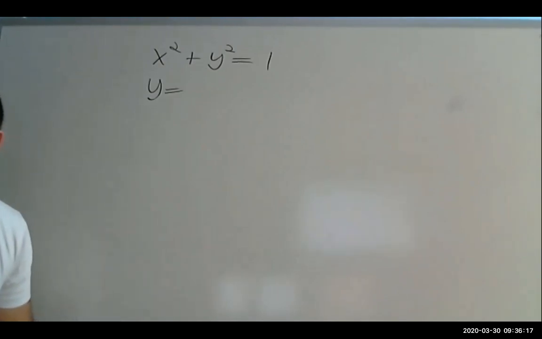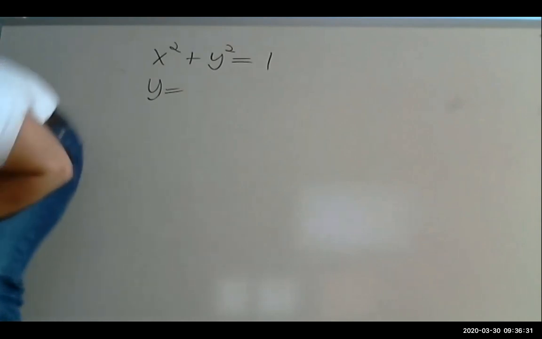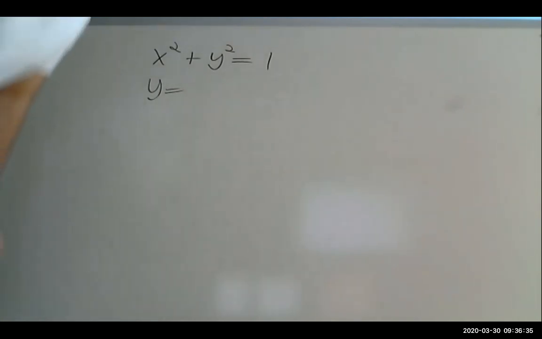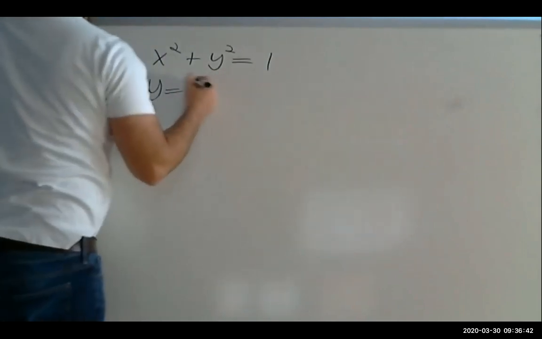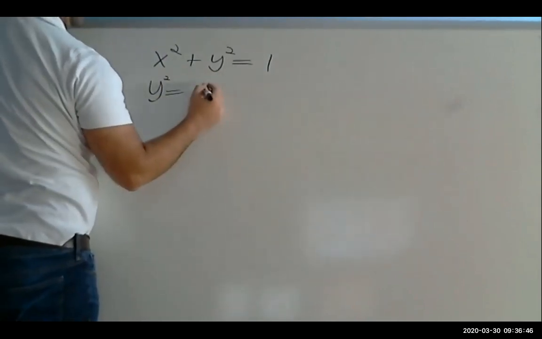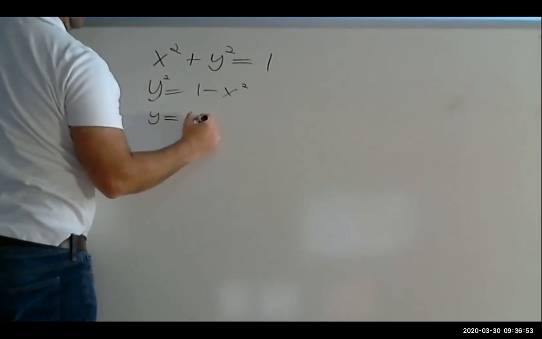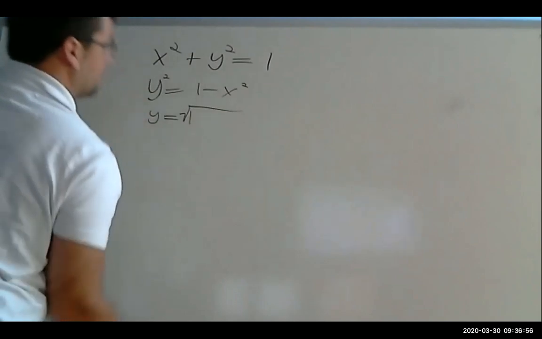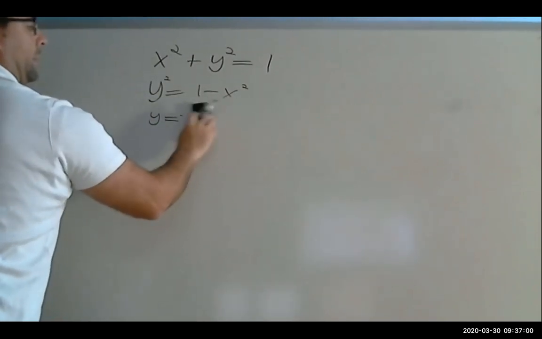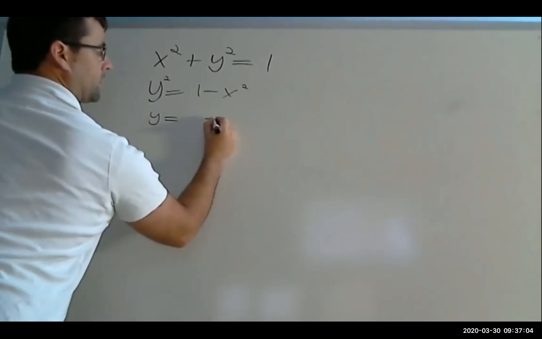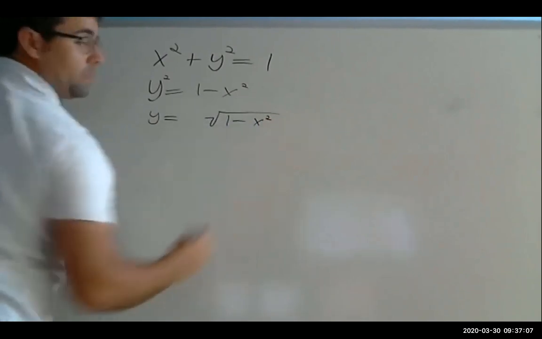What do you get? When you solve this for y, you get y squared equals 1 minus x squared, and y equals the square root of 1 minus x squared.